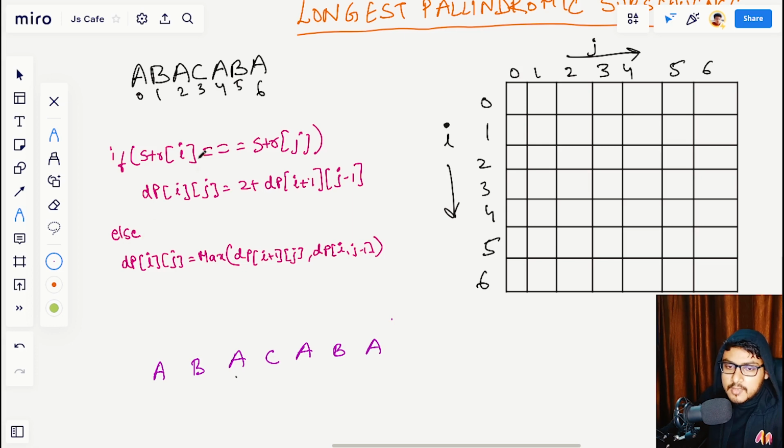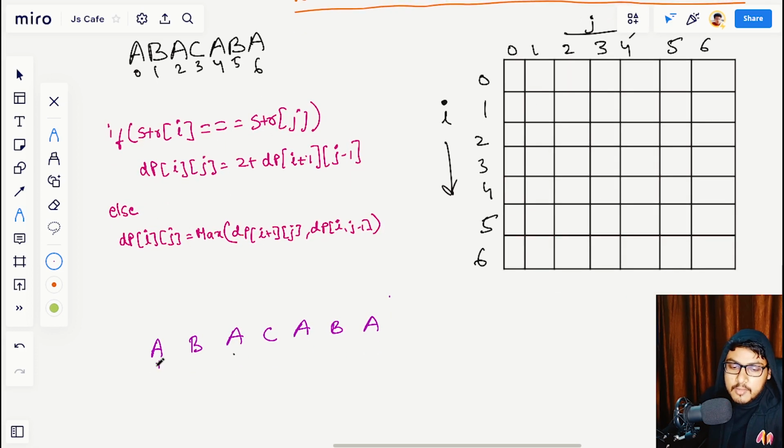If our characters didn't match, what we have to do is, we saw that if our pointers were at A and C, A and C didn't match, so we were considering the maximum LPS from this index to this index, which is basically I to j minus 1. I is over here, j is over here.